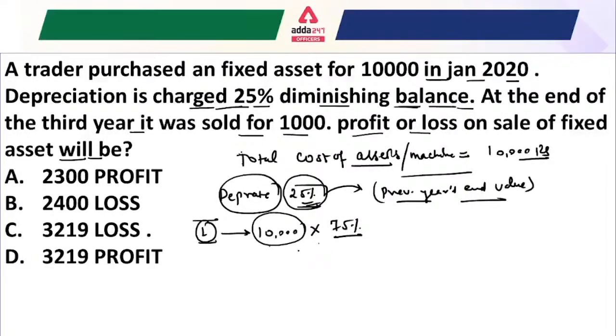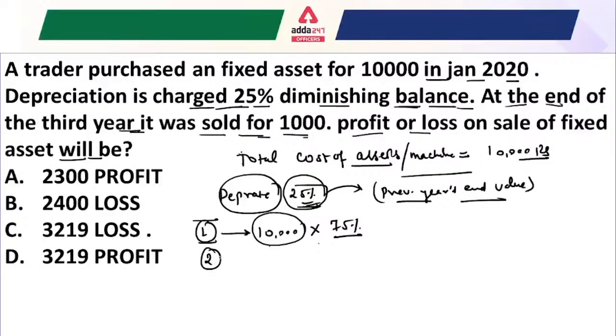After that, the question is that at the end of the third year it was sold for 1,000 rupees. That means in this question you first have to find out the value of the machine for the third year after depreciation.